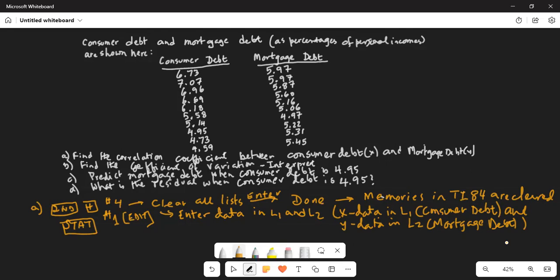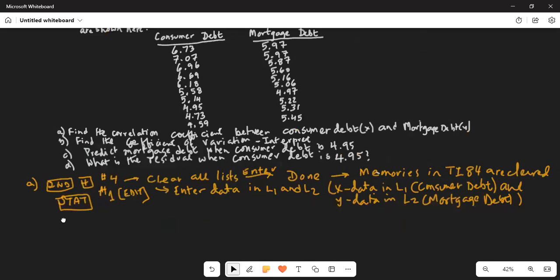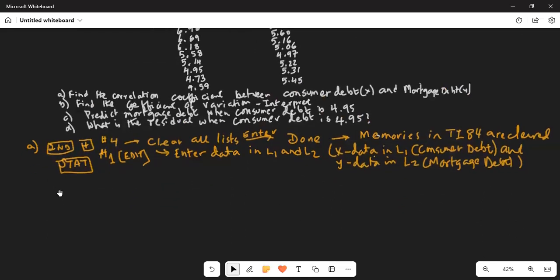Now we are ready to do some calculation. First thing we have to find is the correlation coefficient. Press the stat button.